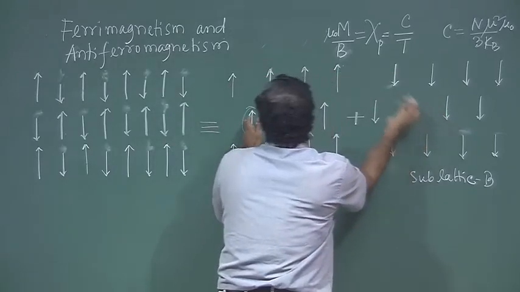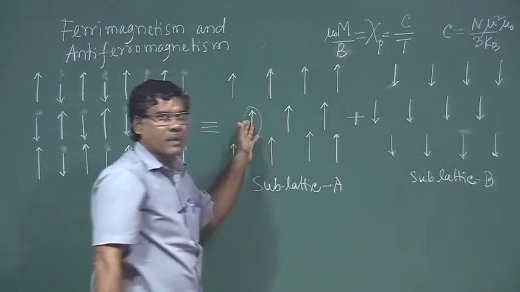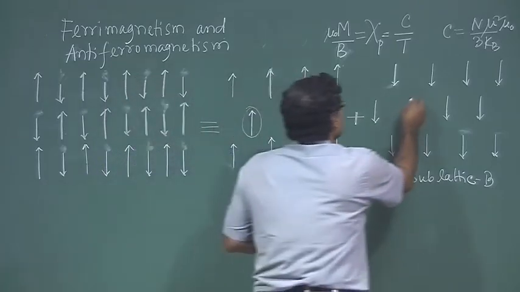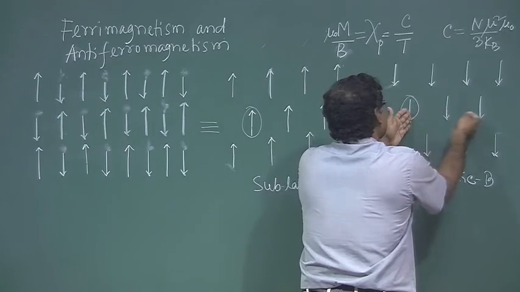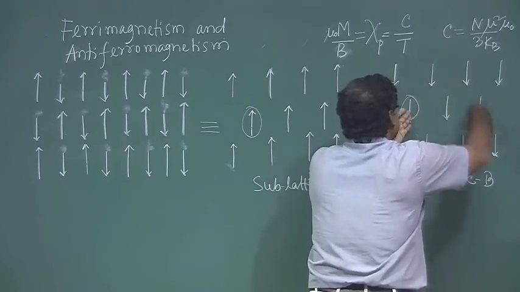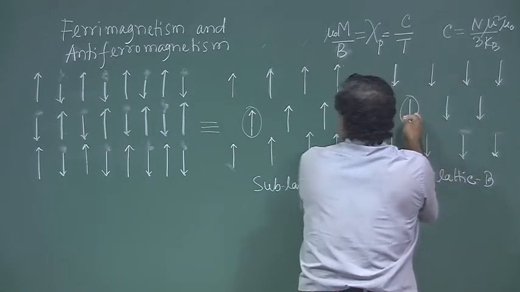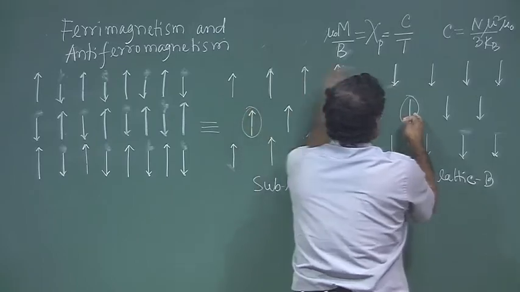Now, if you take one from the B site, there will be exchange interaction with the B site spins as well as with the A site spins. Okay.